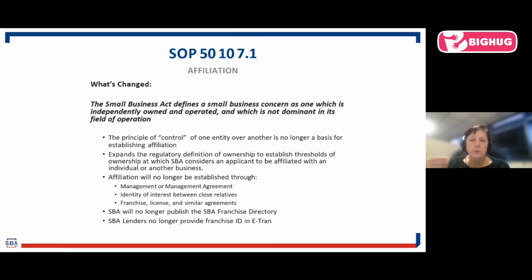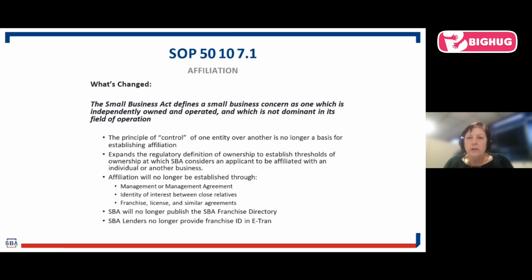And they're going to talk to you about how much you own of your other business, okay? So what they're looking at here is really the ownership percentage and the affiliation as it relates to being in the same industry based on the first 3 digits of your NAICS code.